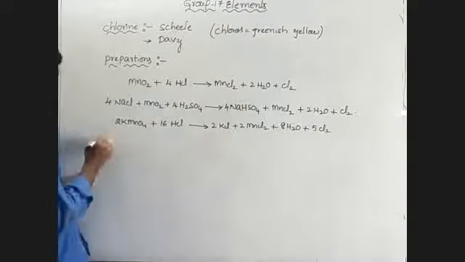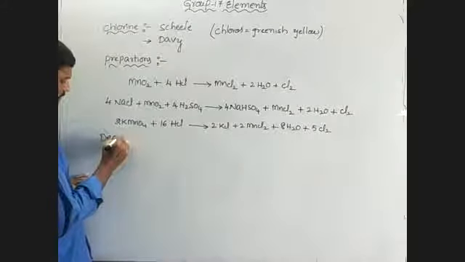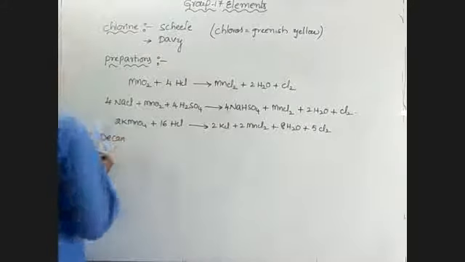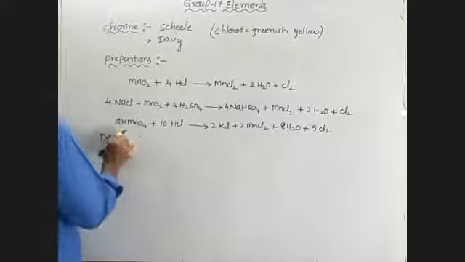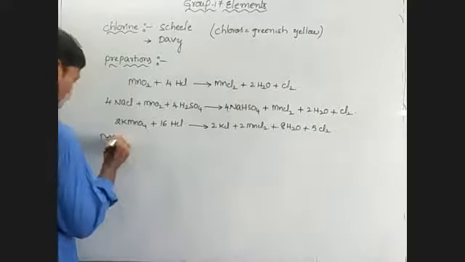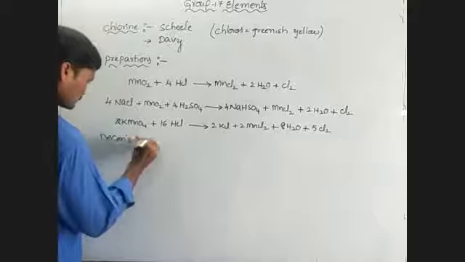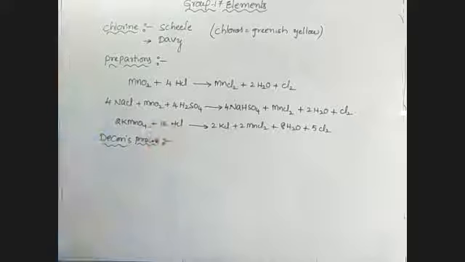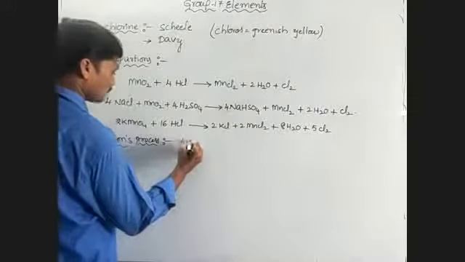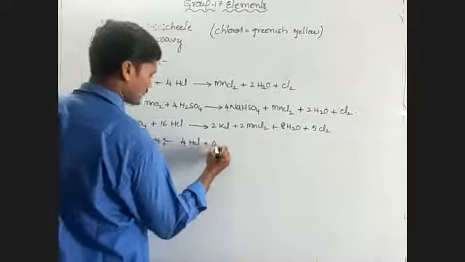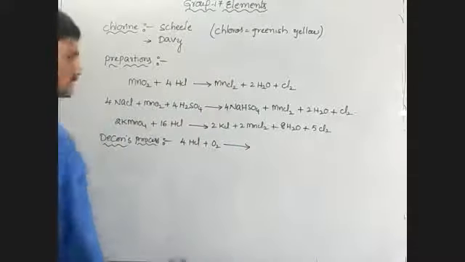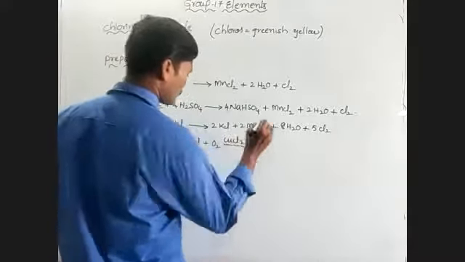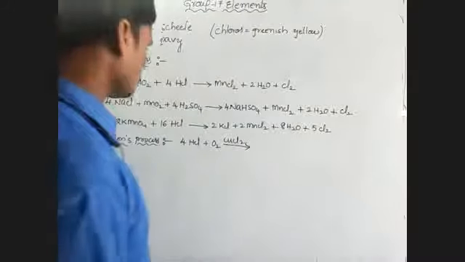Next one is the Deacon process. It is an important thing. In the Deacon process, by the oxidation of hydrogen chloride by atmospheric oxygen, 4 moles of HCl combine with oxygen in the presence of cupric chloride, CuCl2.